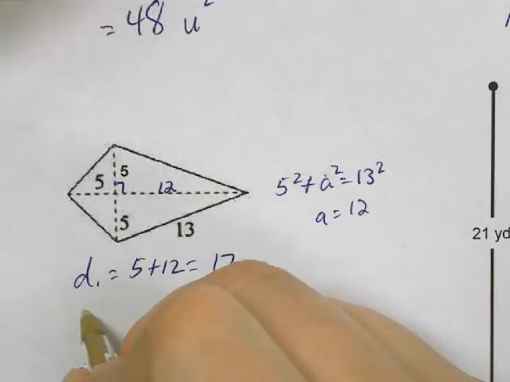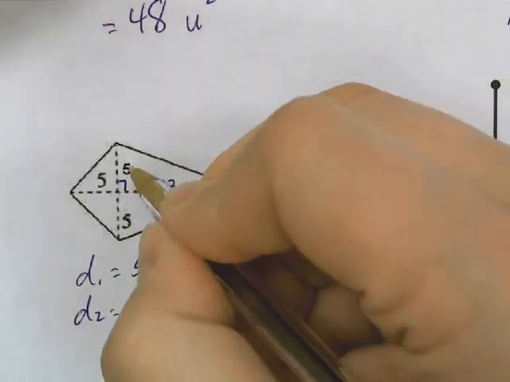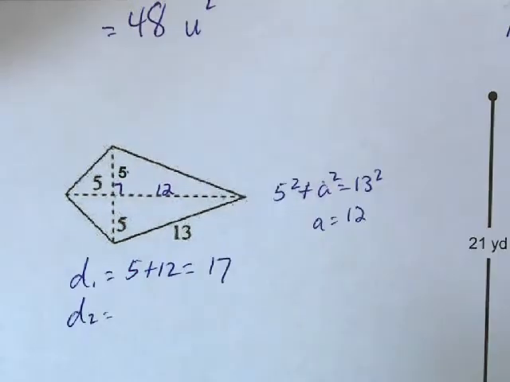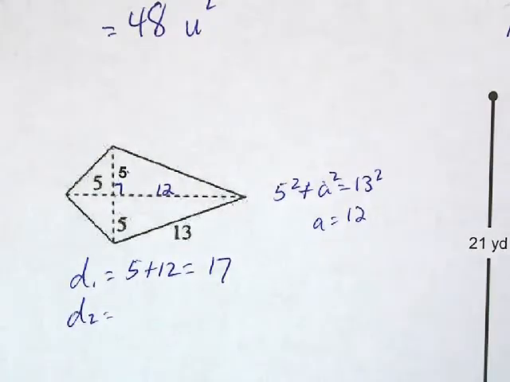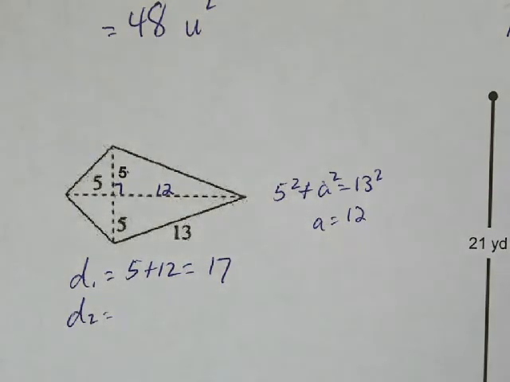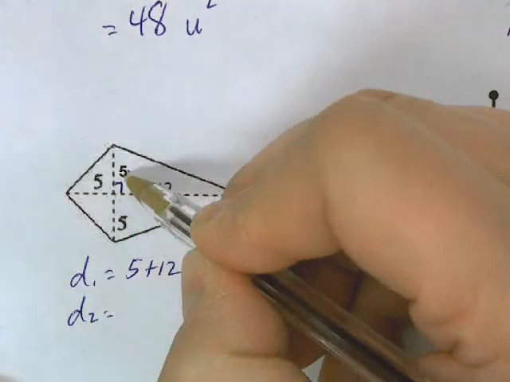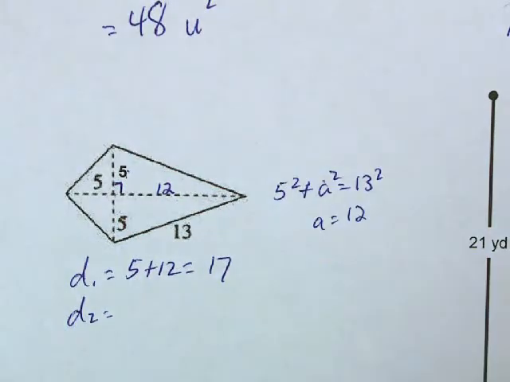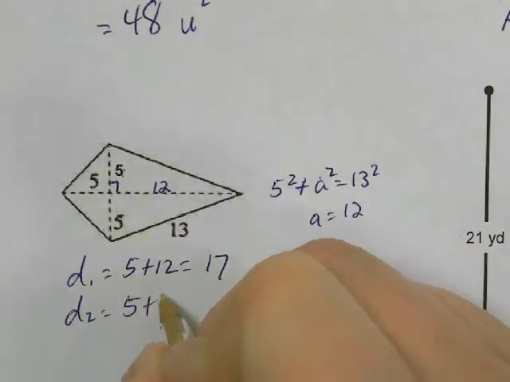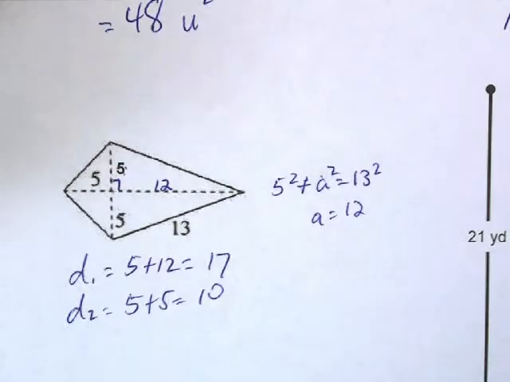Now, diagonal 2 is going to be 5 plus 5. And by the way, in a kite, and we will talk more about kites later on, you have one diagonal that bisects the other diagonal, so this diagonal has congruent segments and always will. So you get 5 plus 5 is equal to 10.